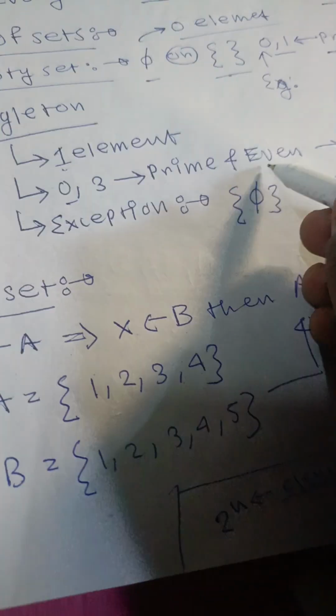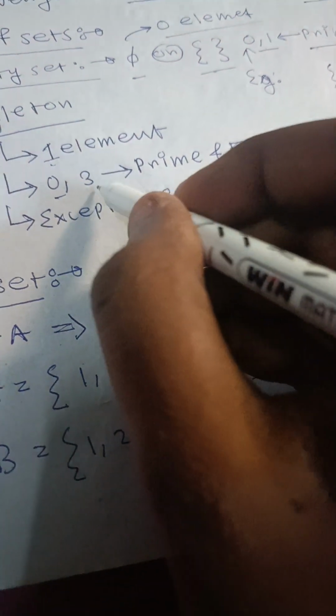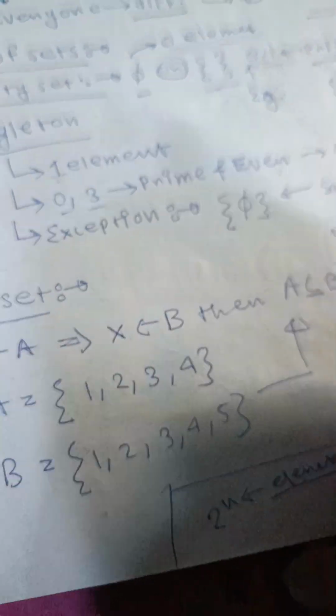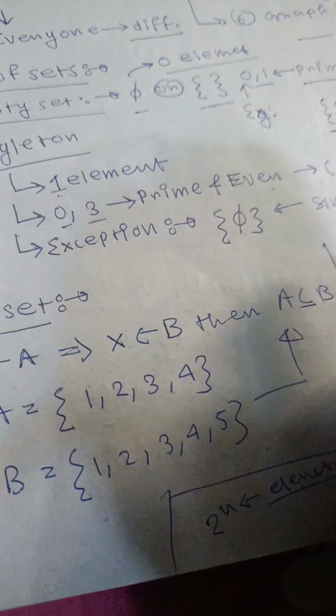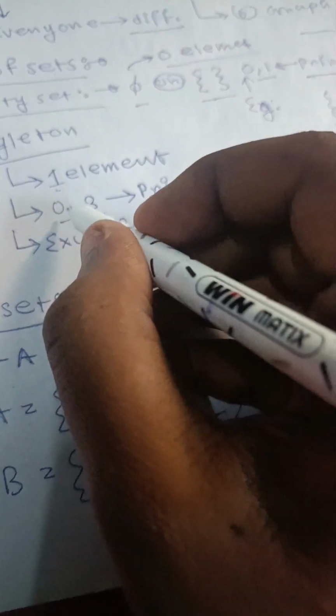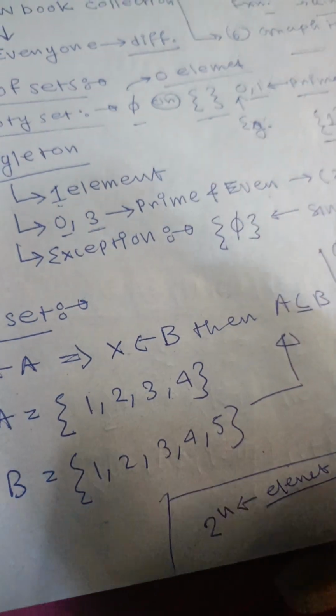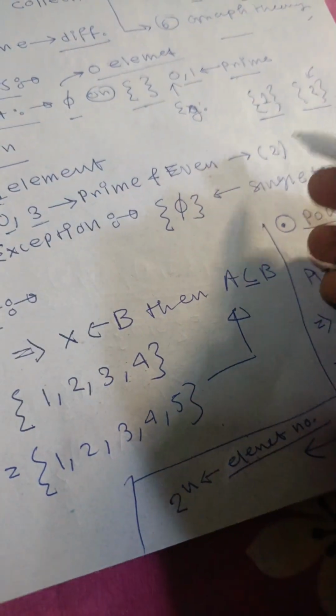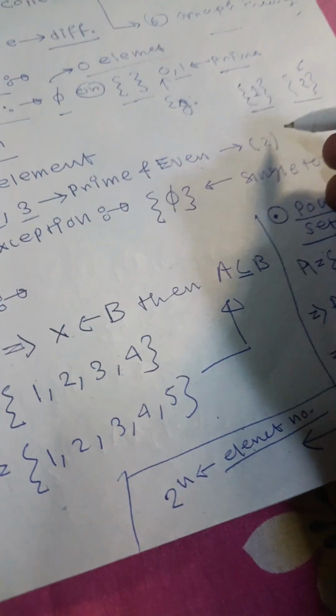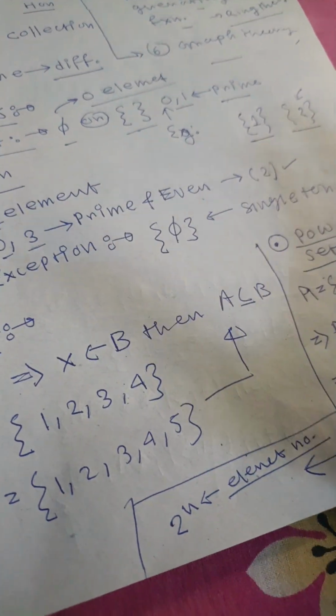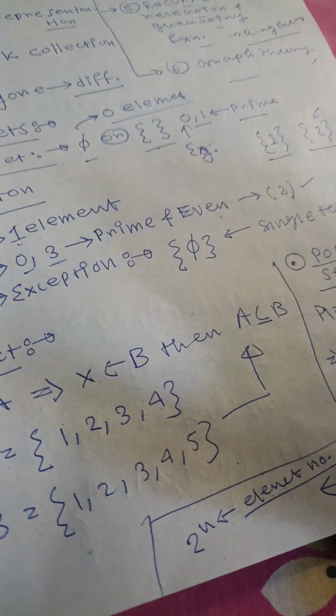Write the prime and even numbers between 0 and 3. The number that is prime and even and present between 0 and 3, the only number we can think of is 2. Okay, 2 is the only number that is prime and even.